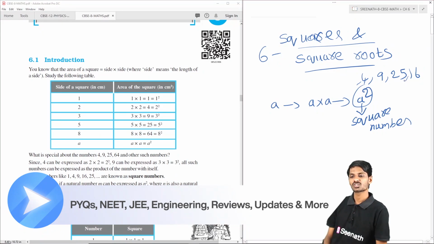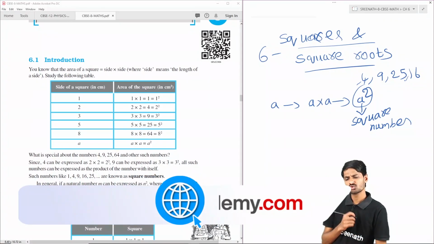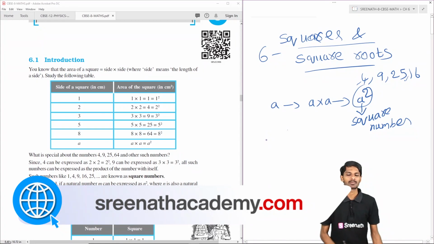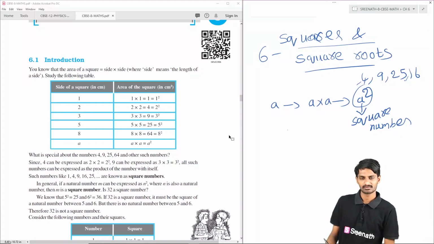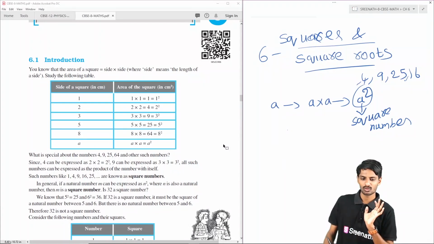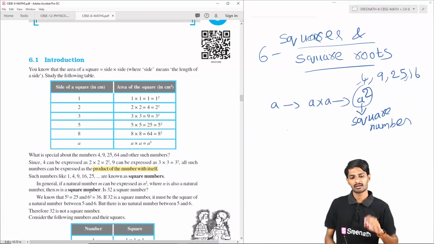So these are the square numbers. Any number which you can write as the square of a number, or a number multiplied by itself, we call a square number. Simply, a number that can be represented as the product of a number with itself is called a square number.